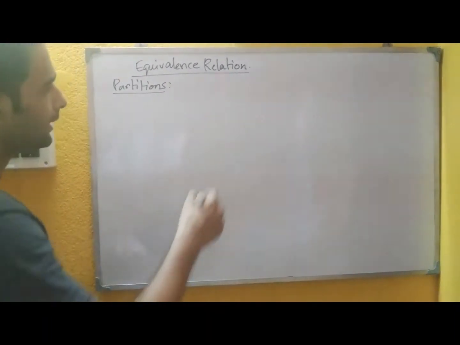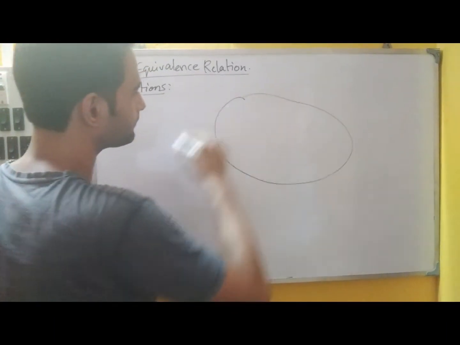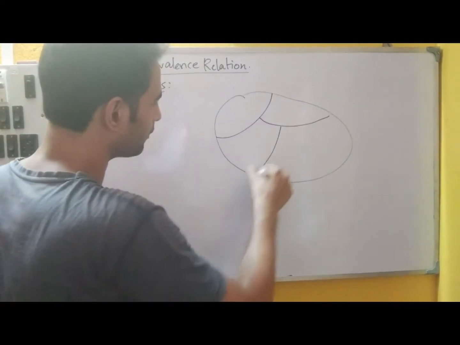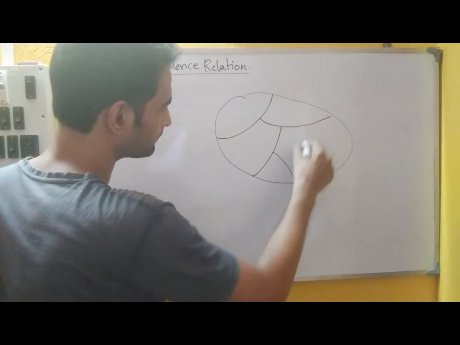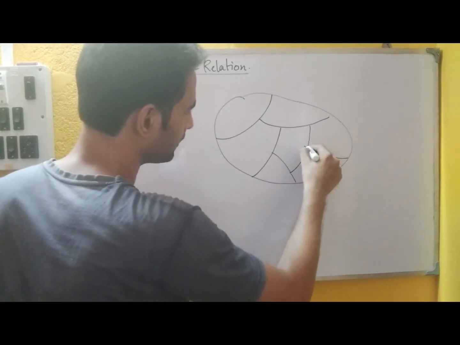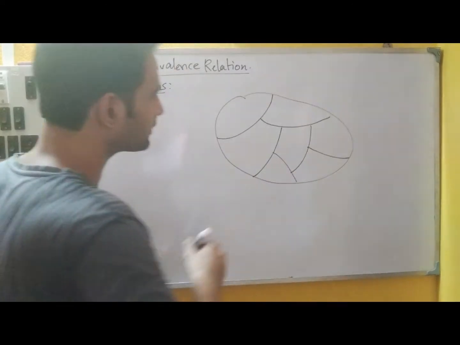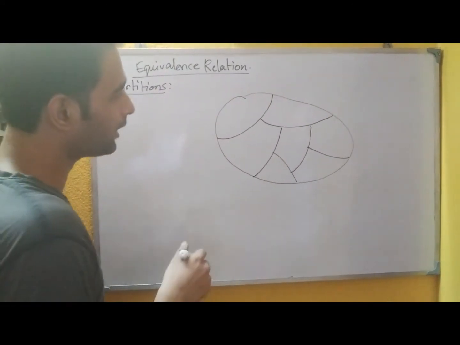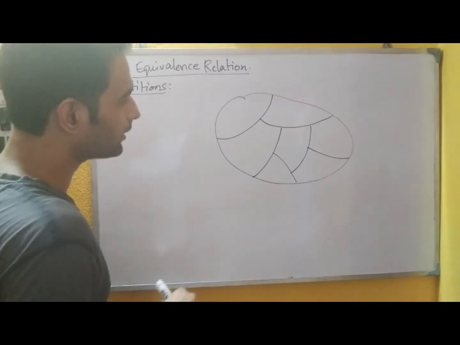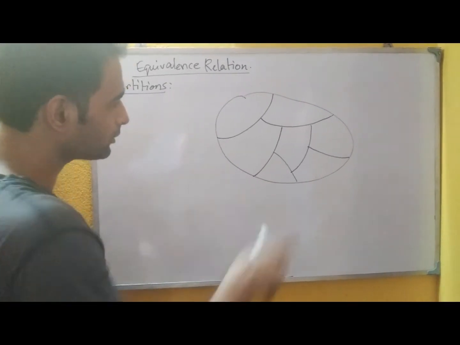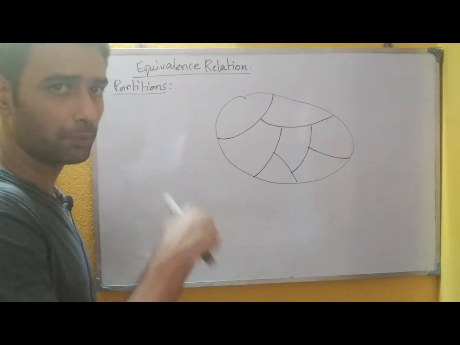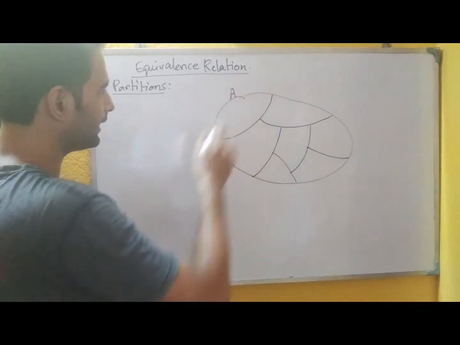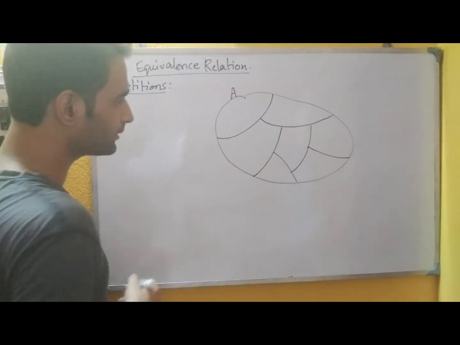So suppose we are taking a set like this and we are making parts of it like this. See how we are making the parts: no two of the parts intersect each other, and also the union of all the parts is the original set. So the set is A and the parts are these.